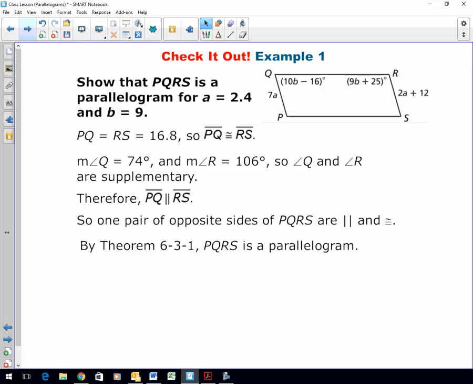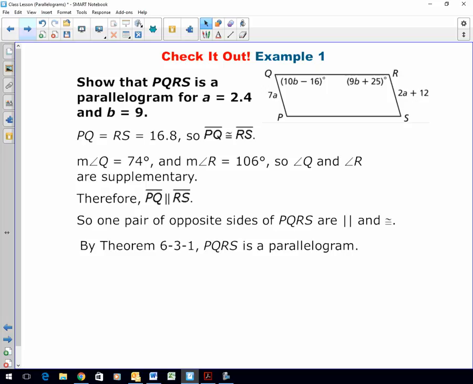And then I would substitute 9 in for B. 10 times 9 minus 16 plus 9 times 9 plus 25 equals 180. When I do all that, I get supplementary angles and I get parallel lines. Since I have parallel lines, by the way, how do I know that they're parallel? If you got this right, you're ready for the POC.